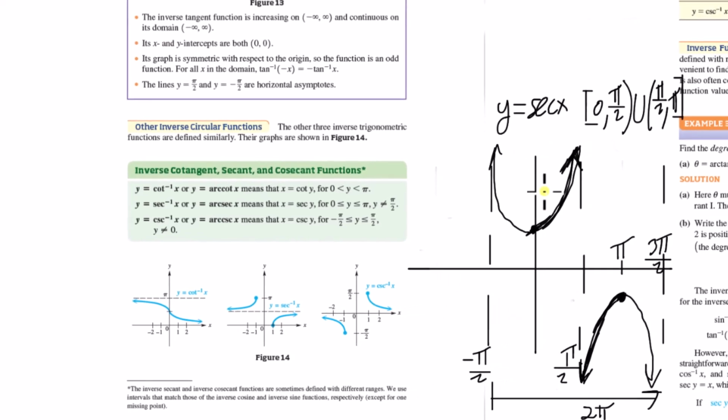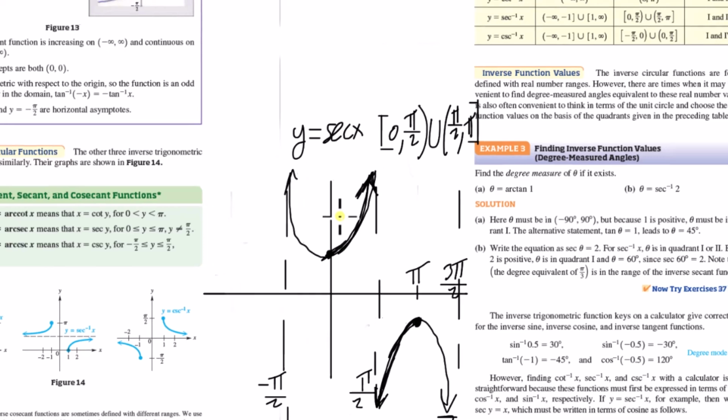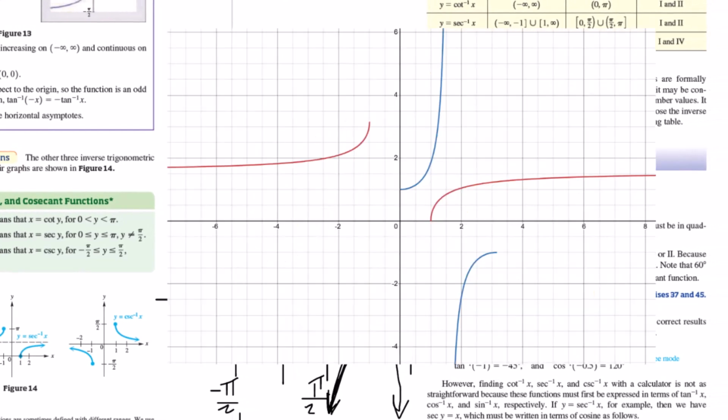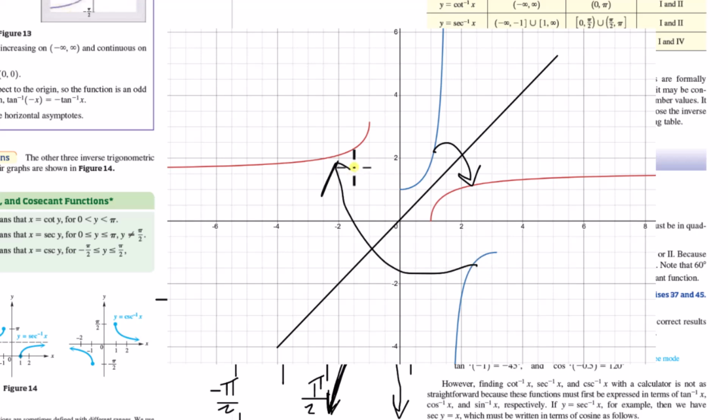If we take a look at the graph, the blue is secant x with the domain restriction, and the red is arc secant. You flip the blue about y equals x, and there you go.